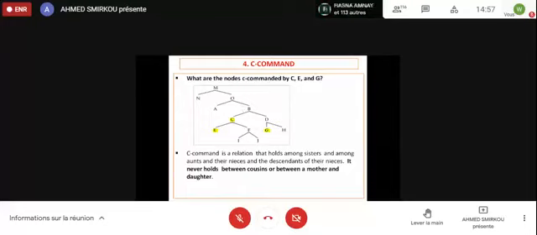C s-commands G because it is the daughter of its sister, but G does not s-command C. If you are familiar with symmetric and asymmetric: here C s-commands D and D s-commands C. This is called symmetric because they s-command each other.